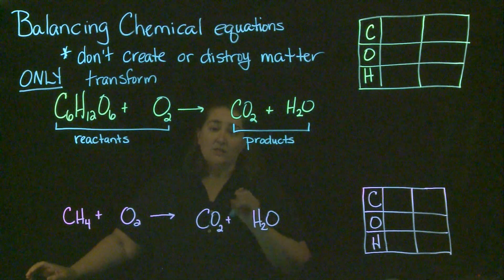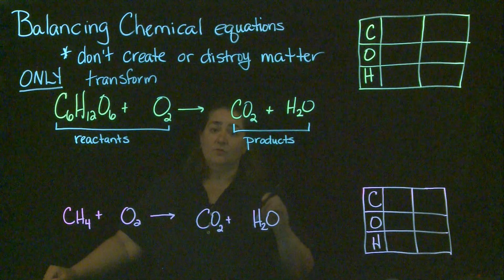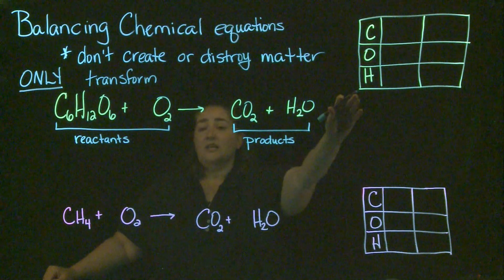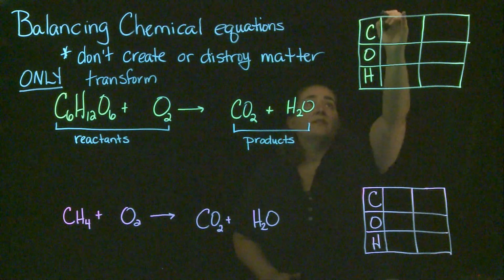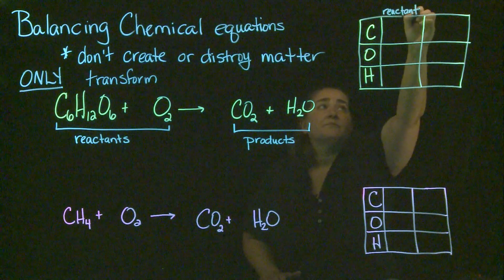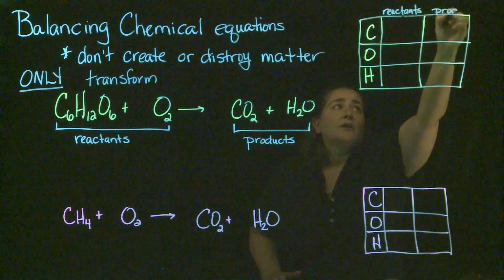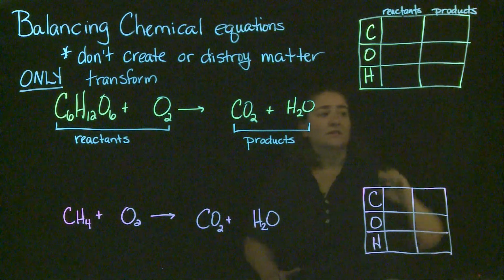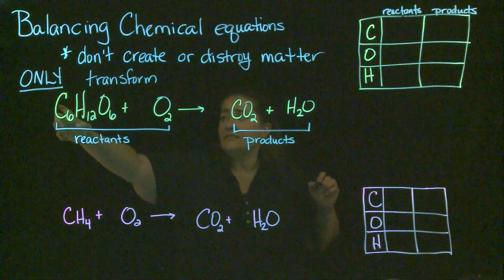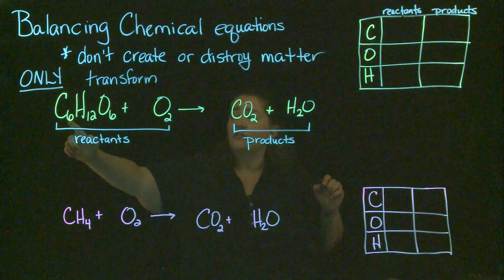So the way I like to approach balancing chemical equations is I use tables. This is going to be our reactants. This is going to be our products. And you just count. The C stands for carbon, 6.